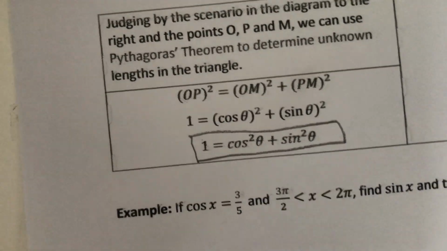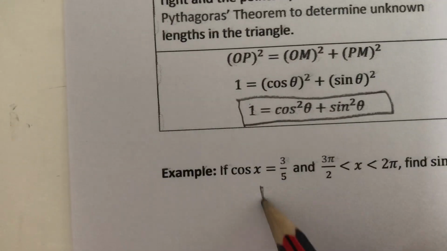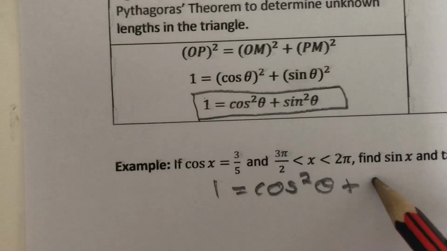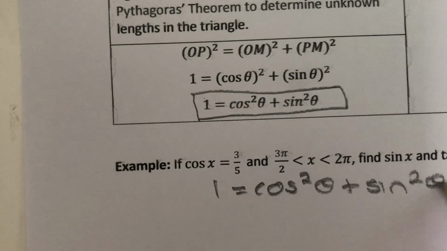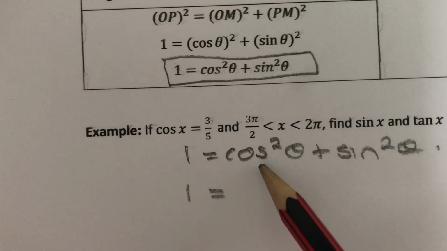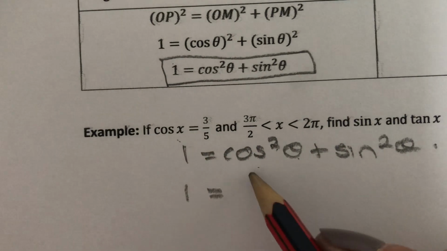So the first thing you want to do is just put those values in. So our formula is 1 equals cos squared theta plus sine squared theta. In this case we have cos squared theta, or we have x, that's okay.